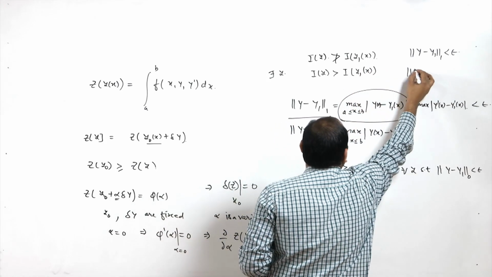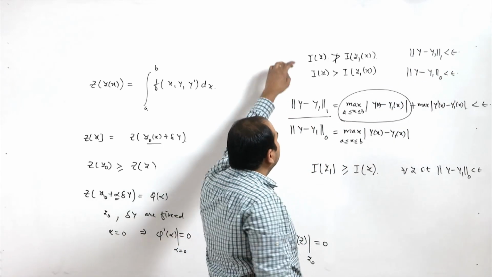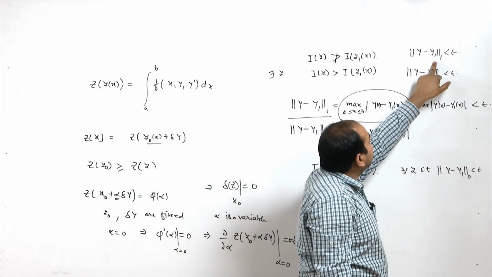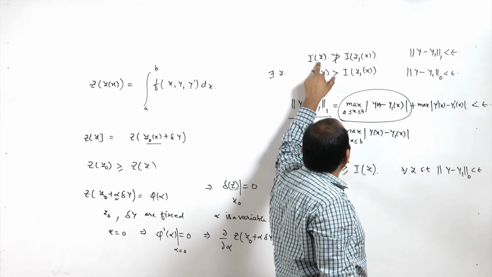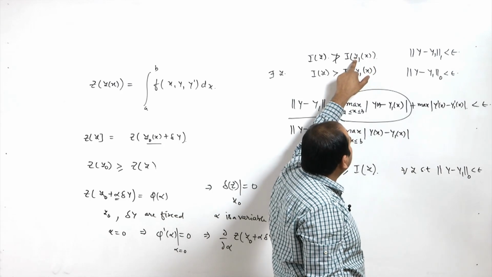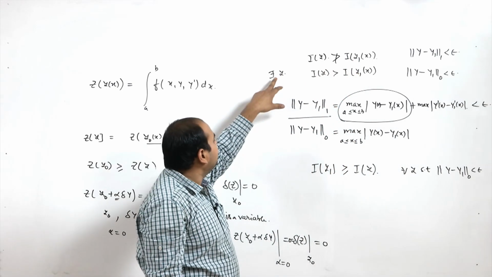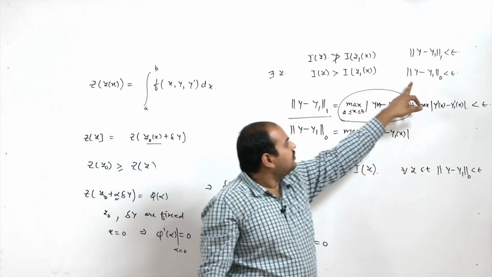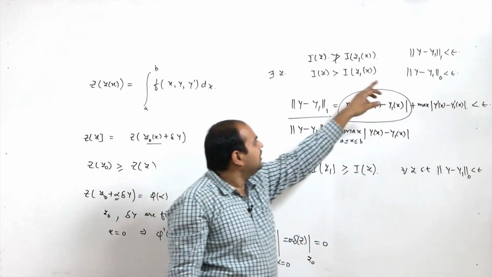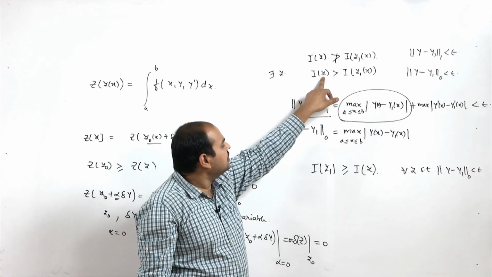So y1 is the weak extremum of the function I, but it may happen that if we consider all the curves in the sense of the norm of y minus y1 less than epsilon in the sense of 0 order proximity, the value of the functional on some such curve may be bigger than this.